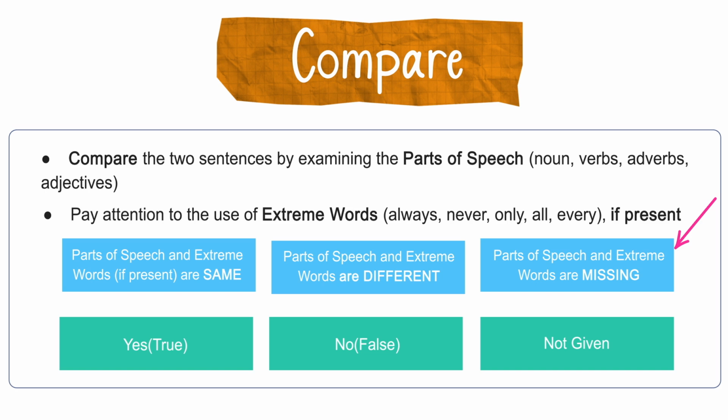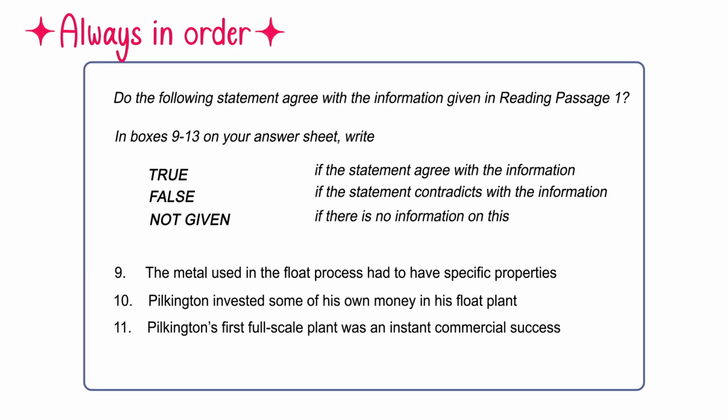Now, let's start working on 3 questions. All right. First, let's check out the questions here. Question number 9, 10, and 11. First, we read the questions and we try to find the easiest keywords. Number 9, the metal used in the float process had to have specific properties. Here, there aren't any, let's say, easy keywords. So we read number 10.